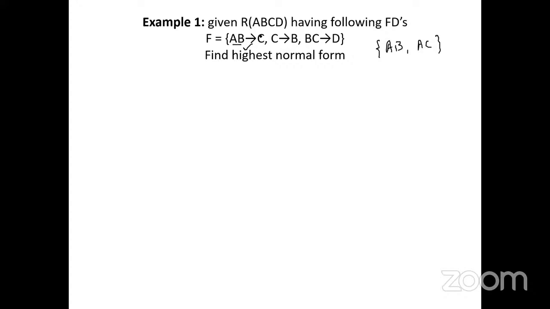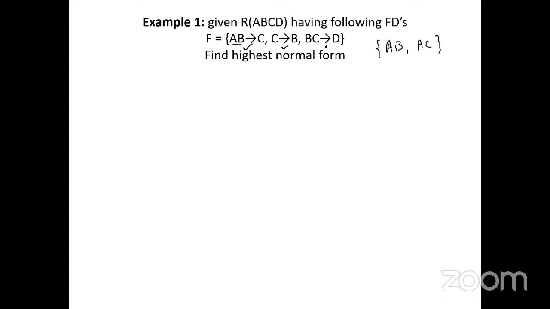So this is fully functionally dependent, and as per the rule, it satisfies second NF. What about the second? Prime attribute determining prime attribute. Does it allow for second NF? Yes, sir. We don't have any issue as far as second NF is concerned, so these two dependencies satisfy the rule of second NF.